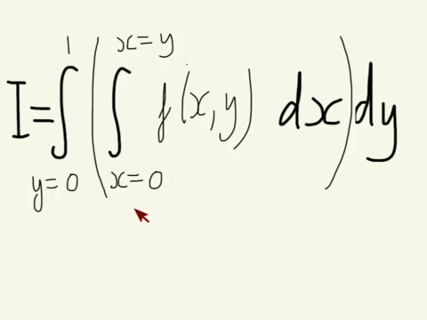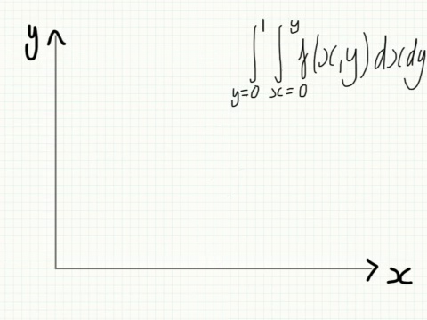So the first thing we need to do to tackle the problem is to sketch the region of integration, and that region is given by the limits and the limits only. So if we look at sketching this region of integration, we're now sketching from the lower limits of x to the upper limits of x initially.